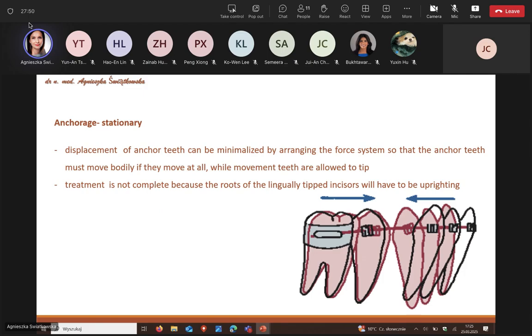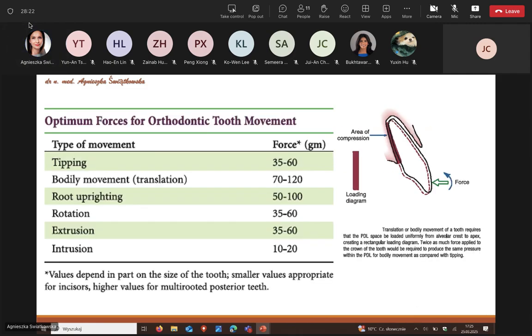Next, stationary anchorage, also used more often in the past, but we can still observe this kind of anchorage in the lower arch. So as you see, what happens here? It's much easier to achieve distal inclination of the crown than bodily movement of all the teeth backward. Here we need only 35 grams. If we want to achieve bodily movement, we need 70 grams, so two times more.